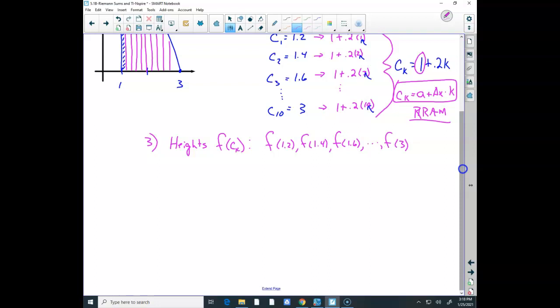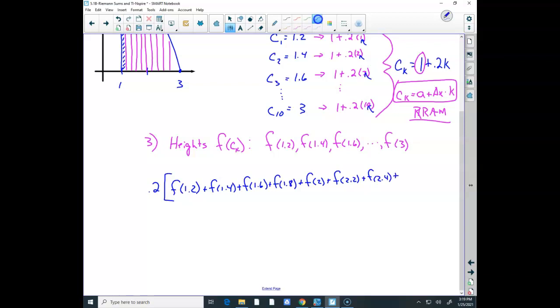What we're doing is getting away from this, because you would be kind of ticked, and I'm going to write this out. Let's say I wanted to find the area. It is going to be my delta x times the sum of all these heights: f of 1.6 plus f of 1.8 plus f of 2 plus f of 2.2, f of 2.4 plus f of 2.6 plus f of 2.8 plus f of 3.